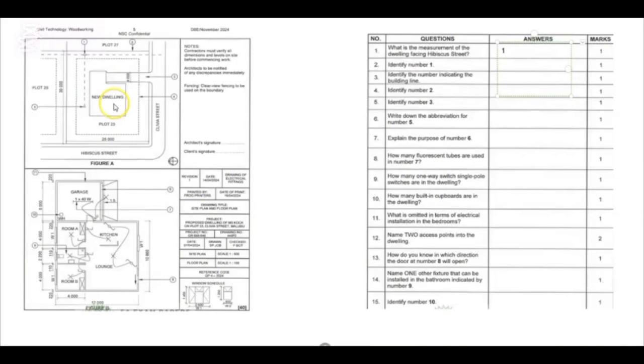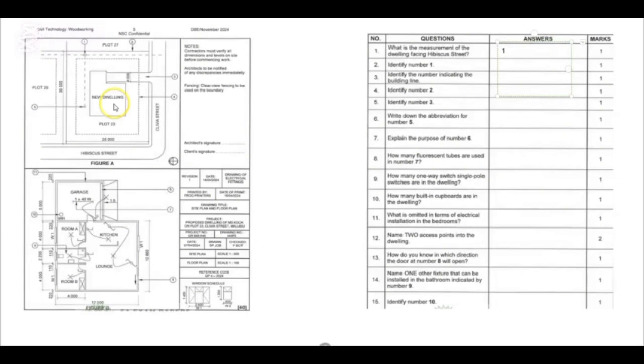Now, as I said, before you start writing any answer, the best strategy is to go through the drawings and label all the numbered parts first. That's because almost all of these numbers are going to appear again in your questions. So if you label them now, you'll already have half of your answers ready. So let's label these parts together.